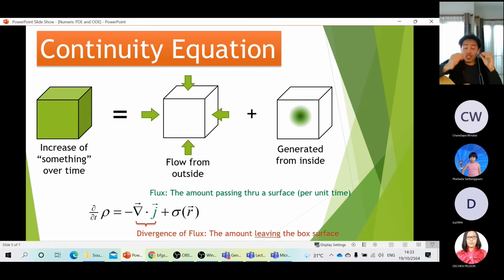Not any surface, but only the surface of the small box. And by definition, it's the amount leaving. But from the animation, we are talking about the flow inside the box. And therefore, we put this minus sign here to flip the meaning of the divergence. Now the whole first term on the right-hand side means the amount of thing going inside the box, with the minus sign over there.